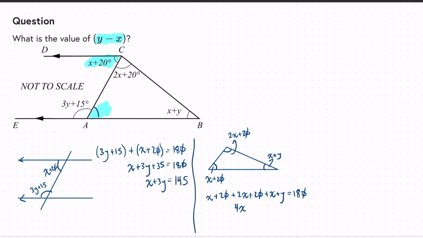How many y's have I got? Well, I've just got the 1 here. And I've got 20, 40 equal to 180. So 4x plus y is equal to 180 minus 40, 140.